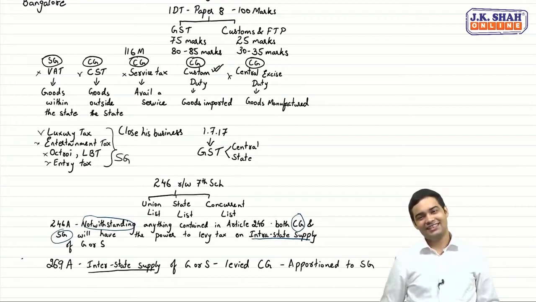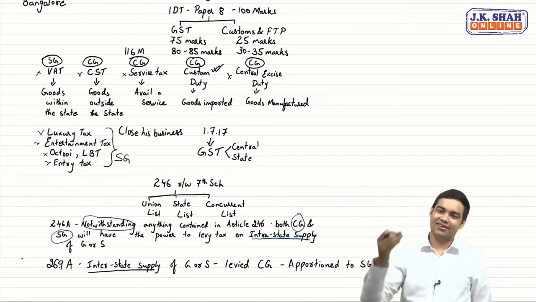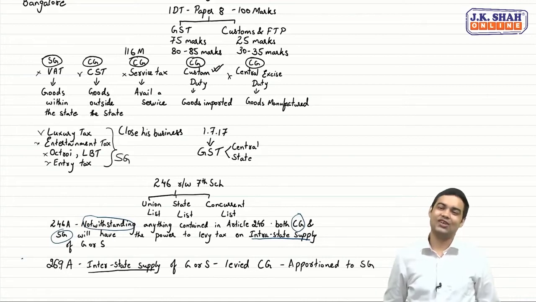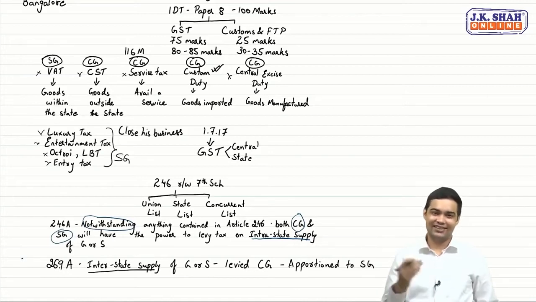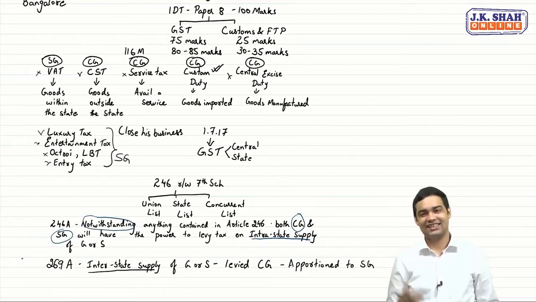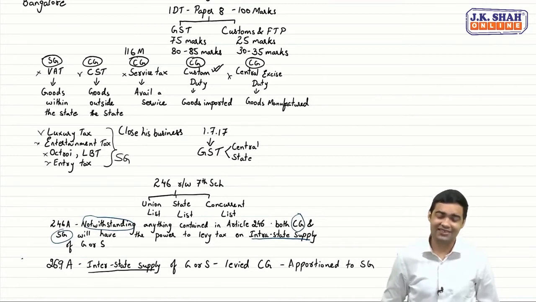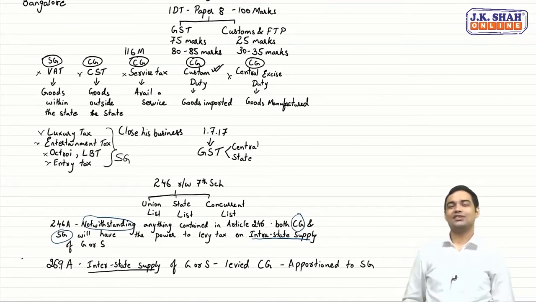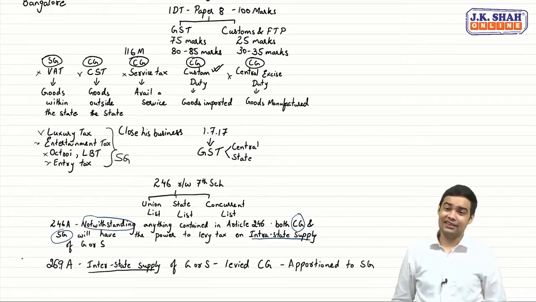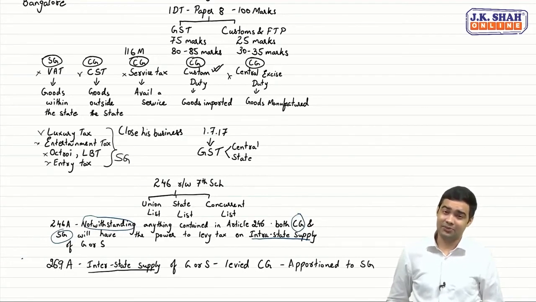I gave you an example of my friend Mr. A, who was worried about the number of taxes which were levied. There was VAT, there was CST, there was service tax, custom duty, central excise duty, entry tax, entertainment tax, octroi, LBT. So he was confused with regard to all these taxes, and the compliance was very difficult for him.